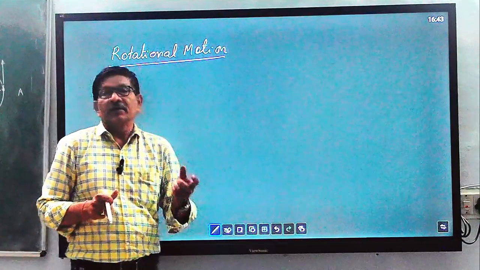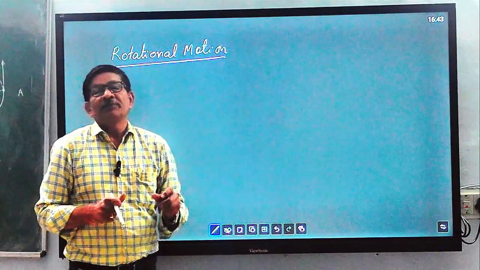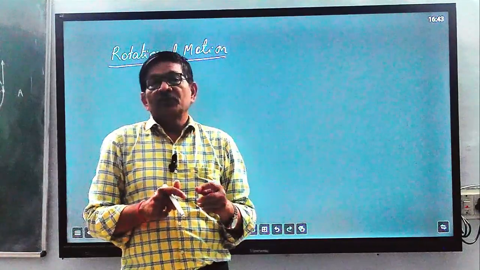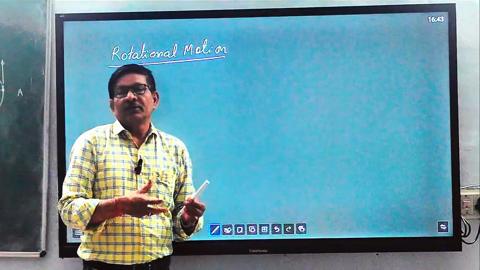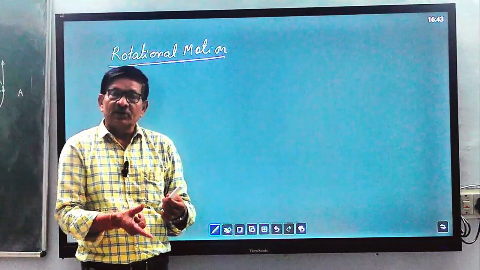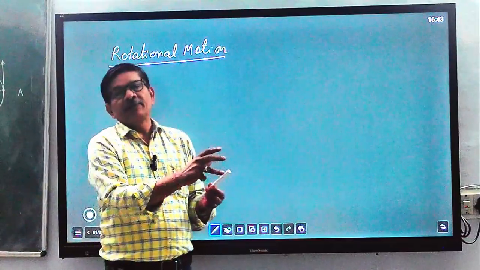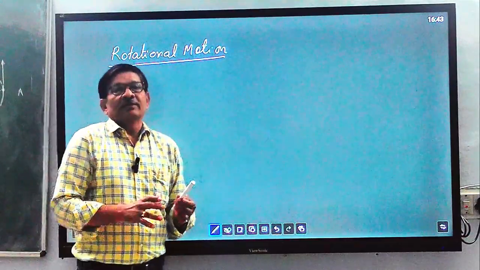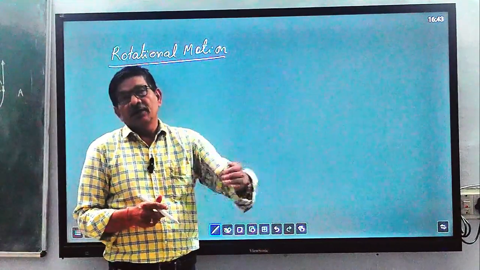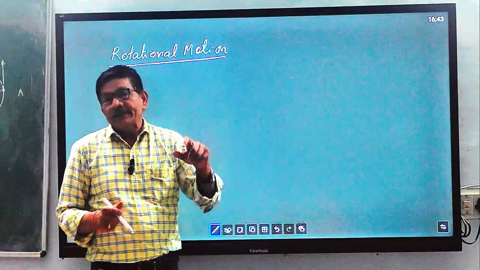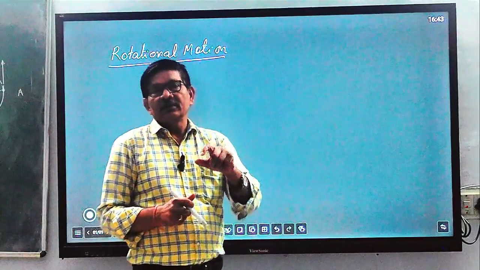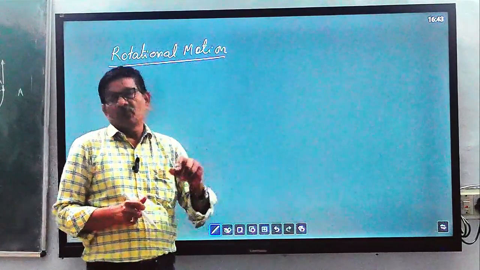But when a fluid particle in the river is also rotating about its own axis, then it becomes rotational motion. For example, you sometimes see eddy currents in rivers. An eddy current is when fluid particles start rotating about their own axis, not moving ahead. Though water is moving along a linear path, at some places eddy currents develop. In that region there is a circular motion, as well as rotational motion of the fluid element.